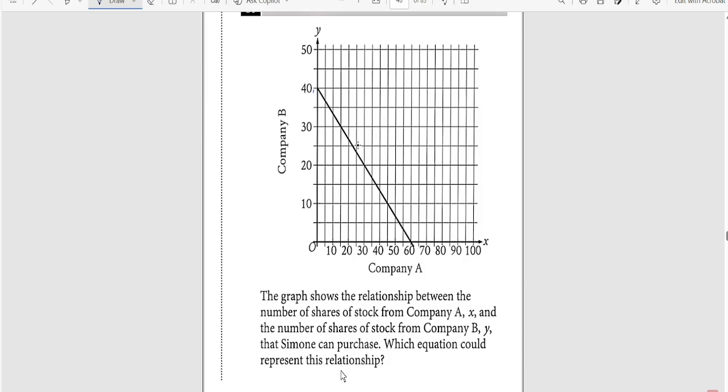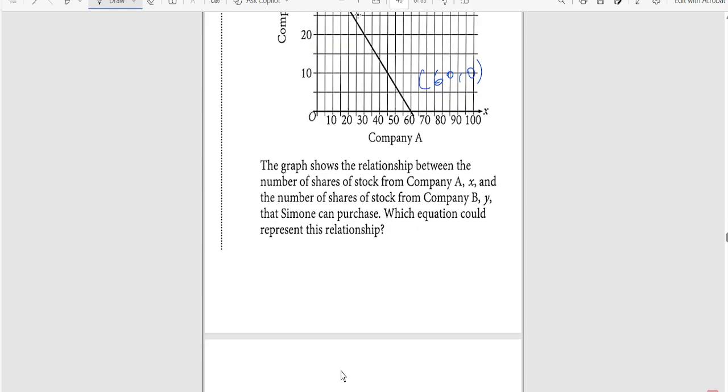So what is my y-intercept? The y-intercept is 0 comma 40, right? And the x-intercept, as you can see, is 60 comma 0. Now I have these 2 points. Using these points I can find the slope with this formula, y2 minus y1 over x2 minus x1.